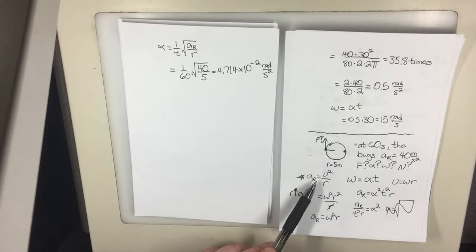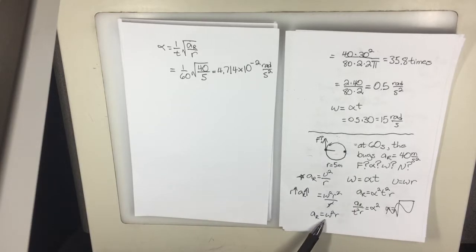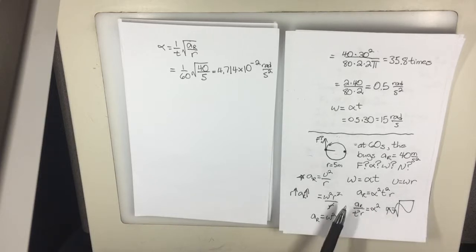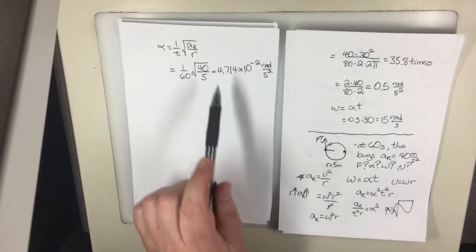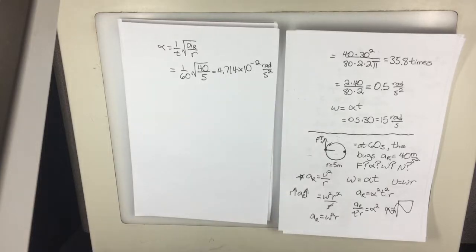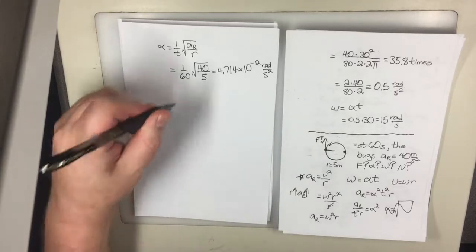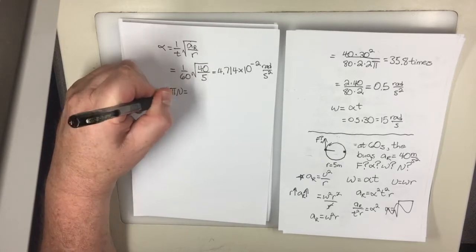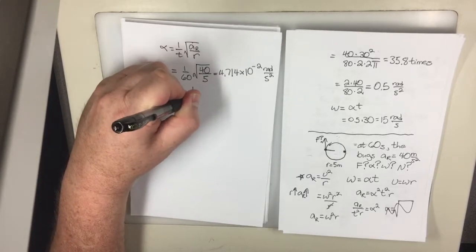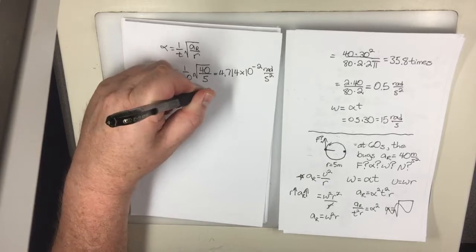So we started with this, I ended up with this. I replaced omega with a term of alpha, and then solved for alpha, and then I end up with this. I get a number. Now this number is handy because 2 pi n, or theta, is equal to 1/2 alpha t squared.